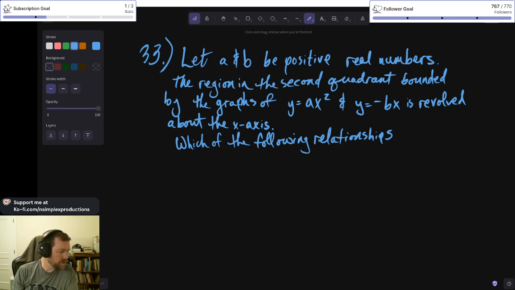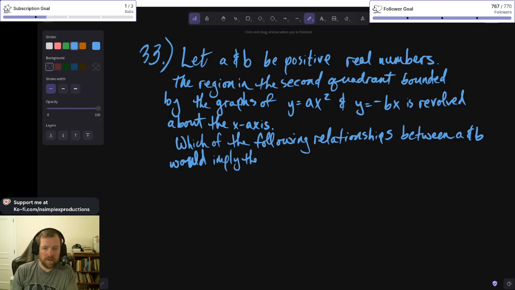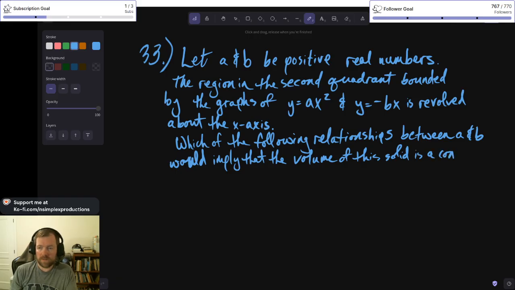Which of the following relationships between A and B would imply that the volume of this solid is a constant, independent of A and B?